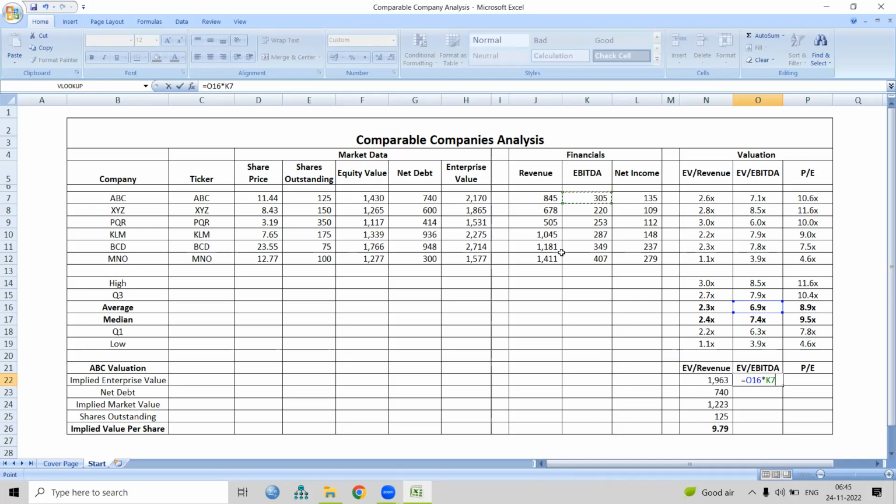O16 multiplied by K7, close the bracket, enter. Then we have the net debt value, which remains the same, 740. And then we can find out the equity value: market value minus debt. The number of shares outstanding remains the same. 1355 divided by 125, 10.84.